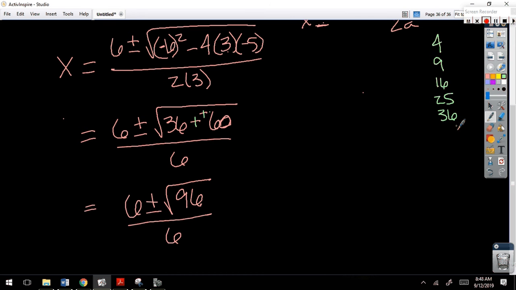You think it's 16? Do y'all remember doing this? 16 times 6, because 16 is the biggest number from that list that will go in there. 4 square root of 6, right?